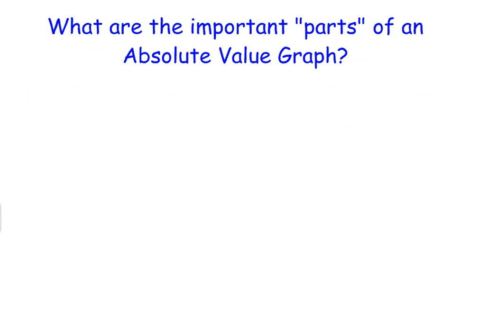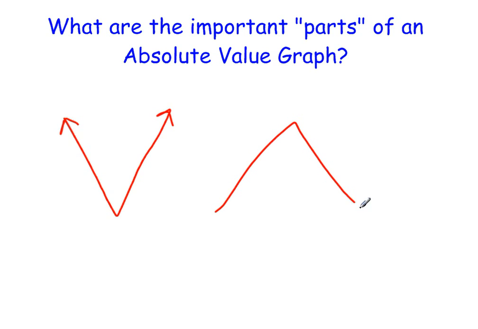So the important parts of an absolute value graph, and you probably remember some of this from algebra. So here's an absolute value, and hopefully you remember it looks like a V, either facing upwards or facing downwards. Our most important point is right here, and that's called the vertex. And these are just two rays, if you remember from geometry, extending outwards.